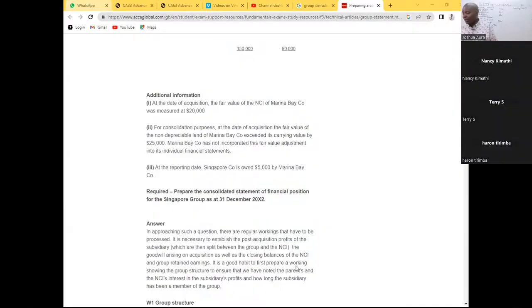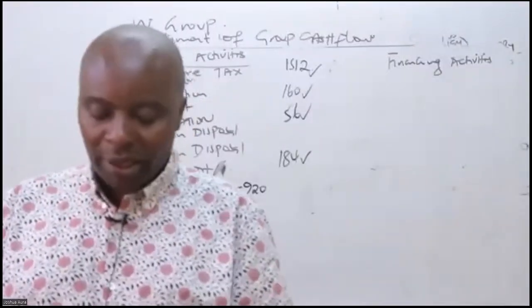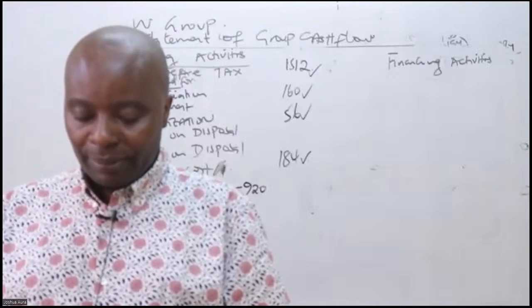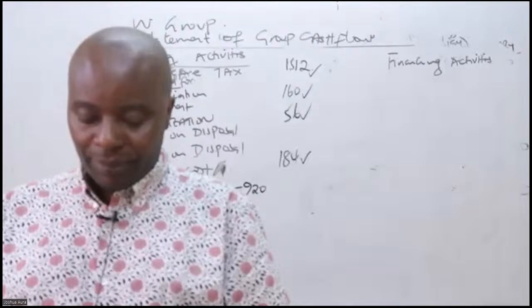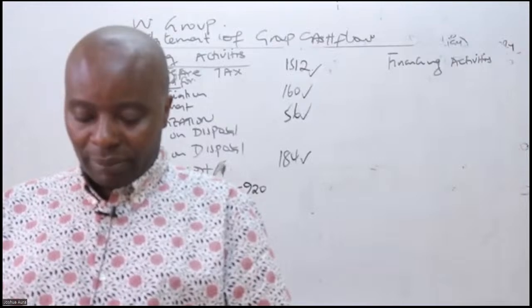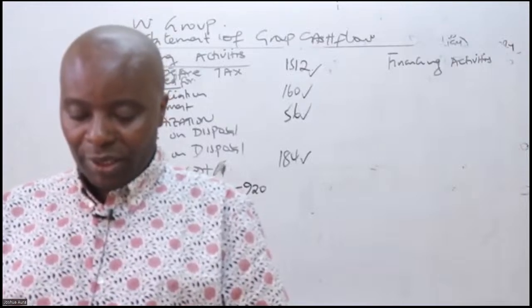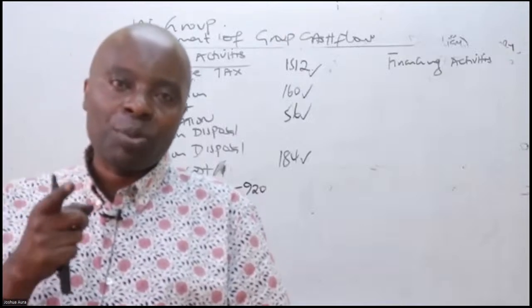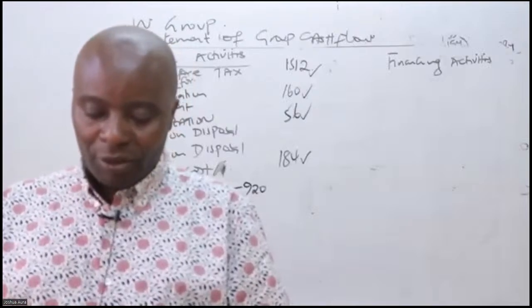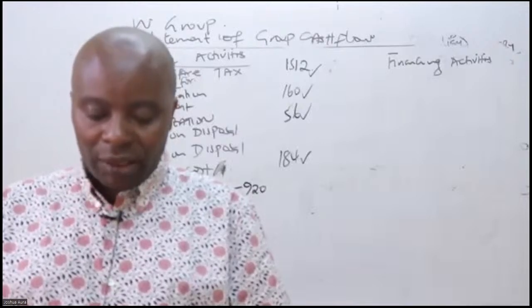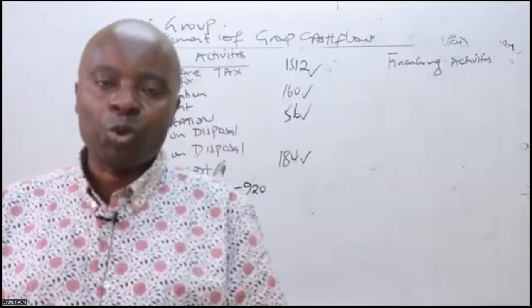If you look at note number 3, the carrying values in the individual accounts of C Limited. C Limited is the one that we disposed, the one that we sold. As at the date of disposal, they are listed below, and one of the items there is a trade receivable of 220.